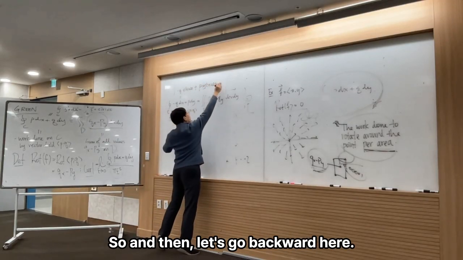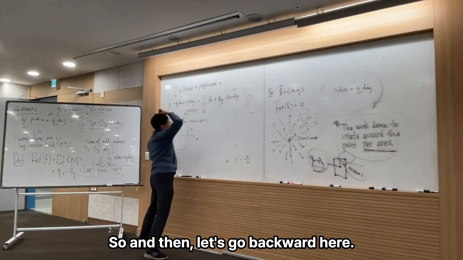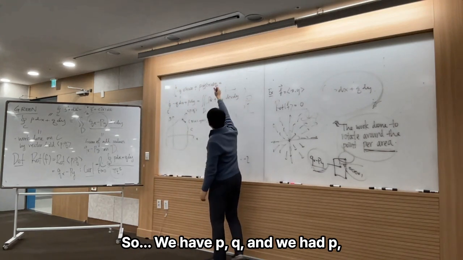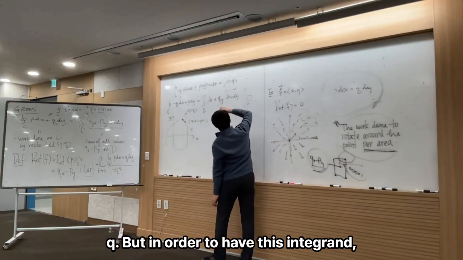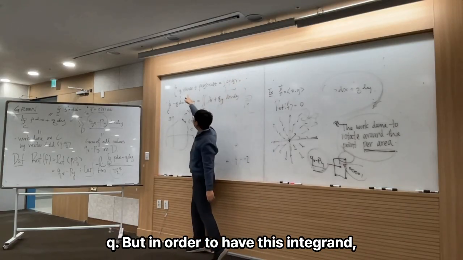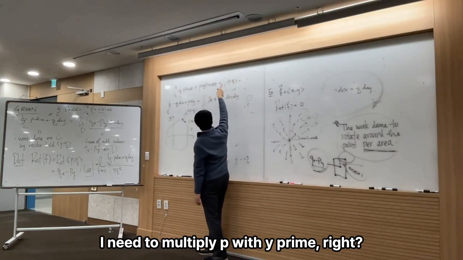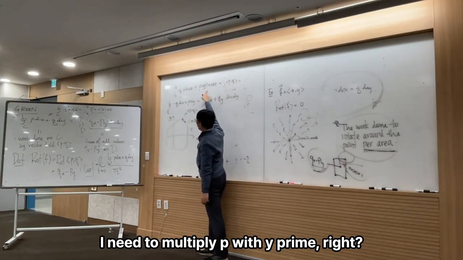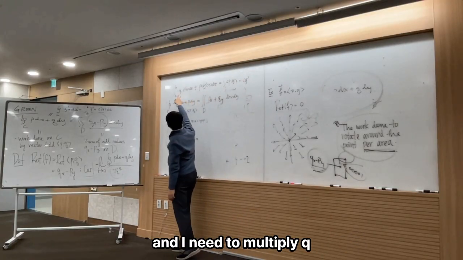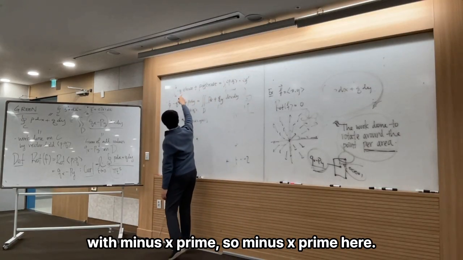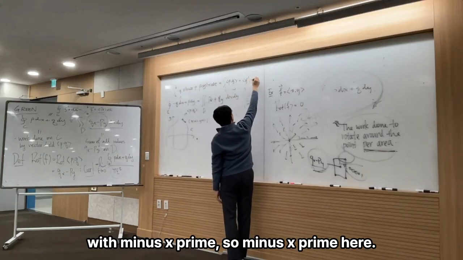And then let's go backward here. We had (p, q), but in order to have this integrand, I need to multiply p with y', and I need to multiply q with minus x', so minus x' here.